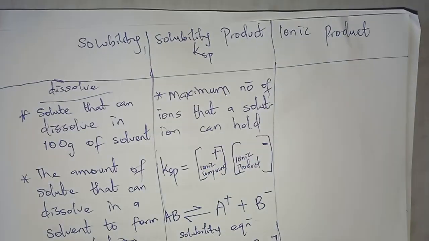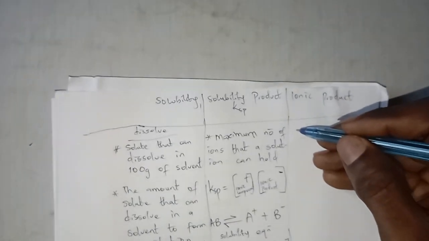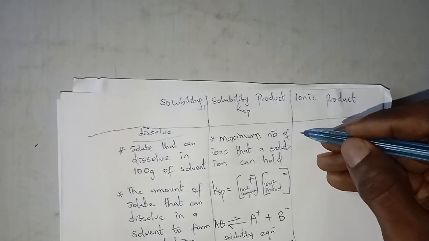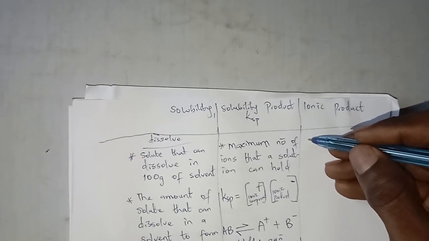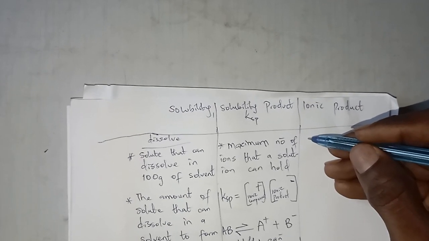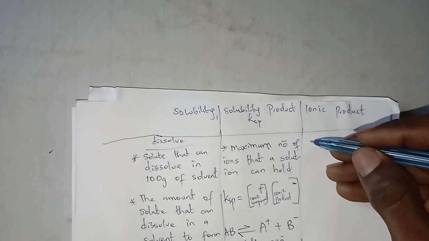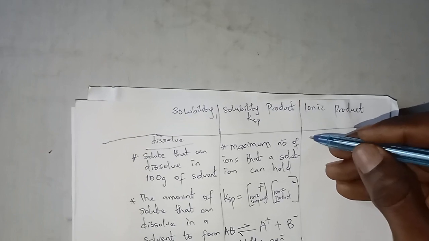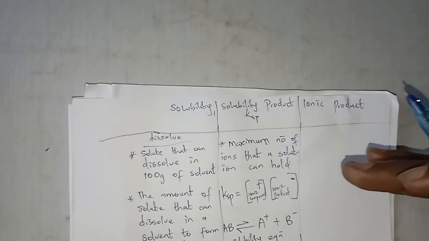So now for ionic products, remember, solubility product is the maximum number of ions that a solution can hold, which means that KSP depends on the amount of solutes and solvents. If the solvent can no longer take solutes, that becomes the maximum.